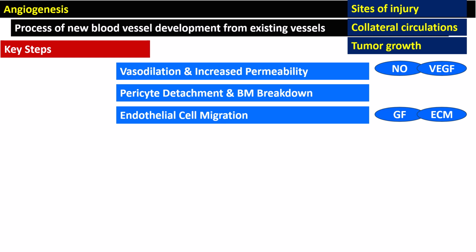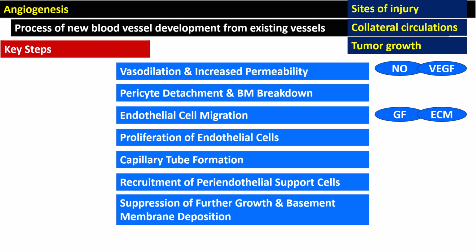Endothelial cell migration occurs, and this process occurs as endothelial cells move toward injury signals guided by growth factors and extracellular matrix cues. The next step is proliferation of the endothelial cells.